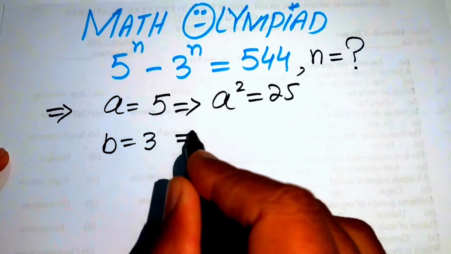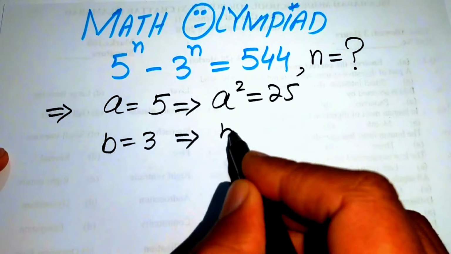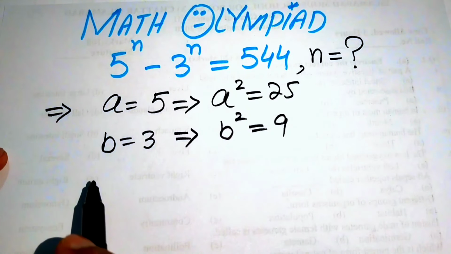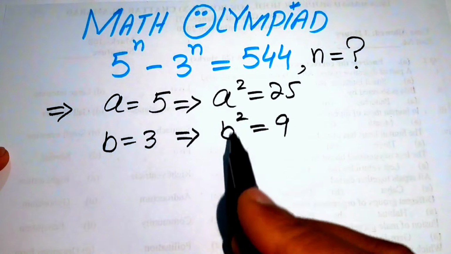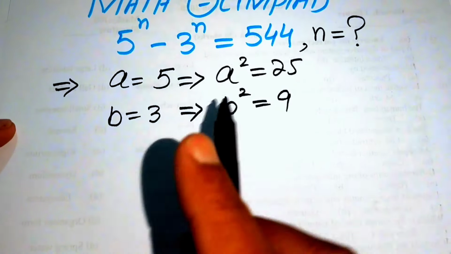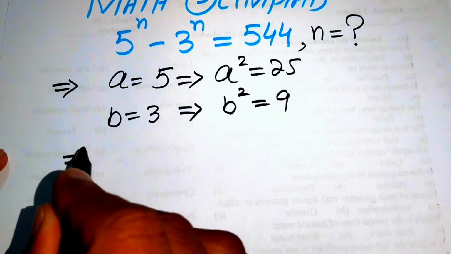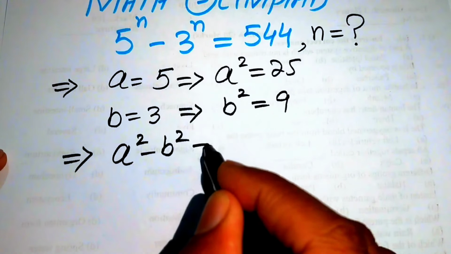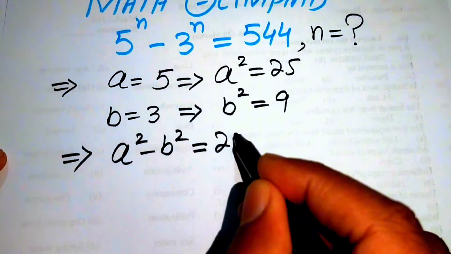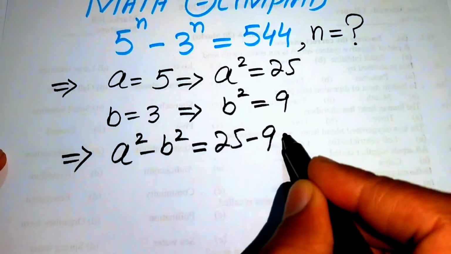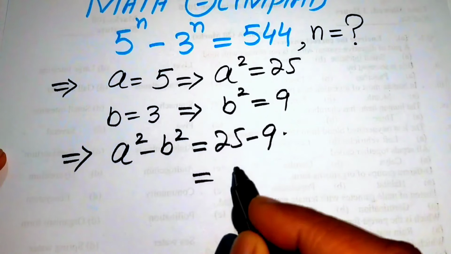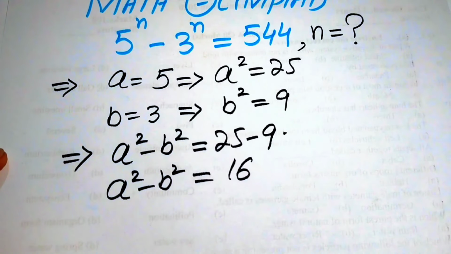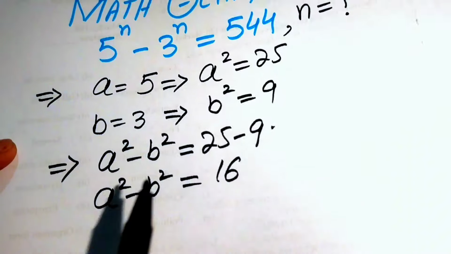Similarly, when we square b equals 3, we get b square equals 9. Now we subtract these two equations: a square minus b square equals 25 minus 9, and you know that 25 minus 9 equals 16. So a square minus b square equals 16.